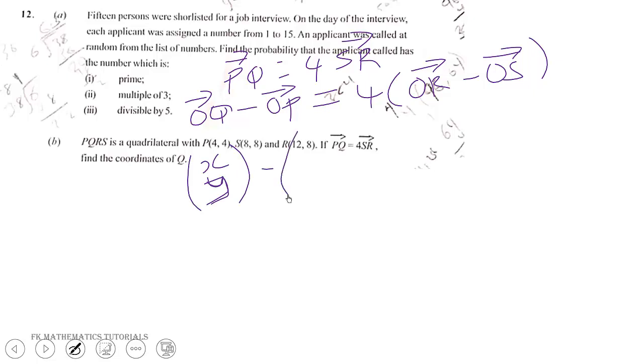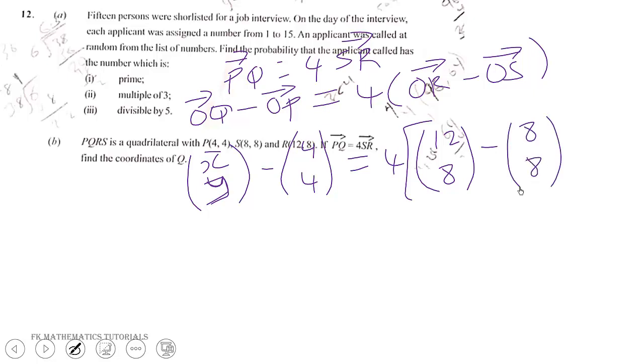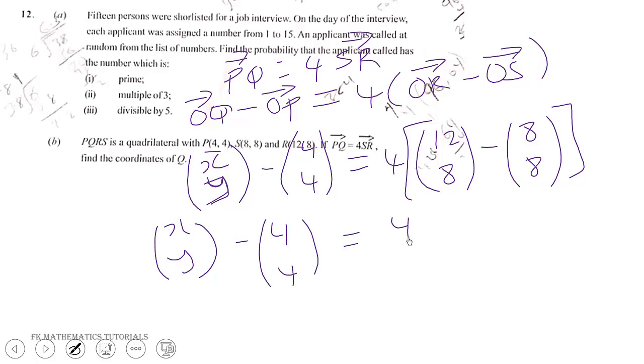We will write the coordinate of P in column form, (4, 4), is equal to 4 times vector OR, coordinate of R, which is (12, 8), minus (8, 8), which is vector OS. So (x, y) minus (4, 4) will be equal to 4 times (4, 0). So 12 minus 8 is 4 and 8 minus 8 is 0.